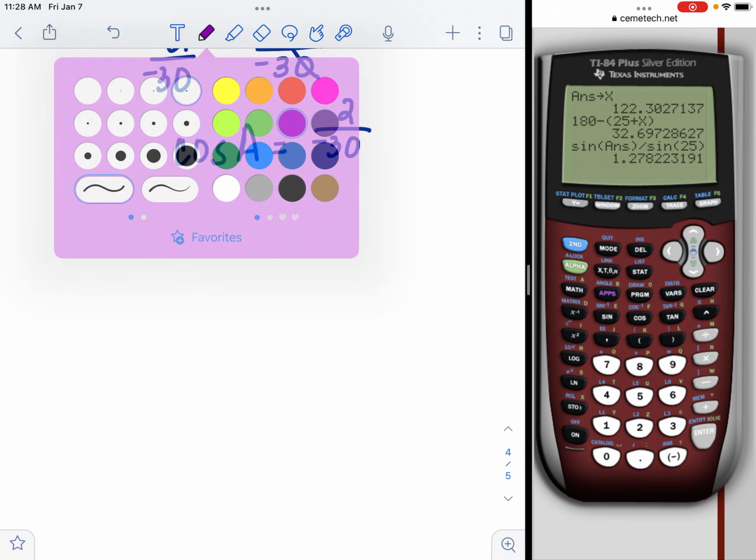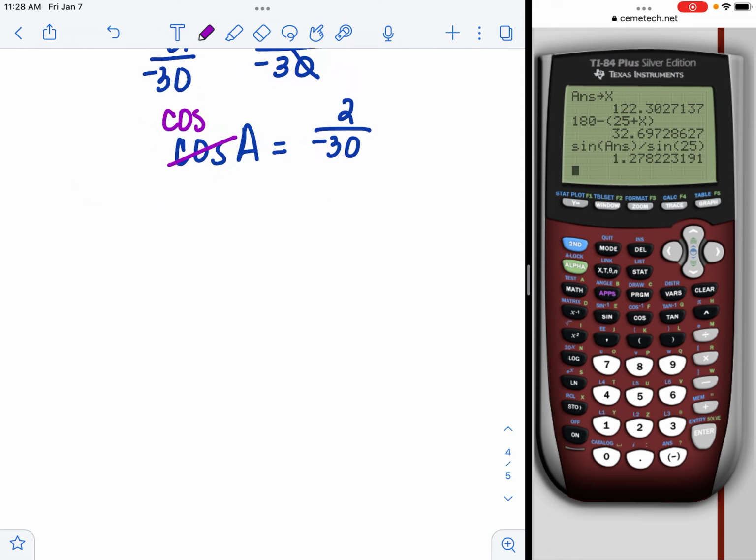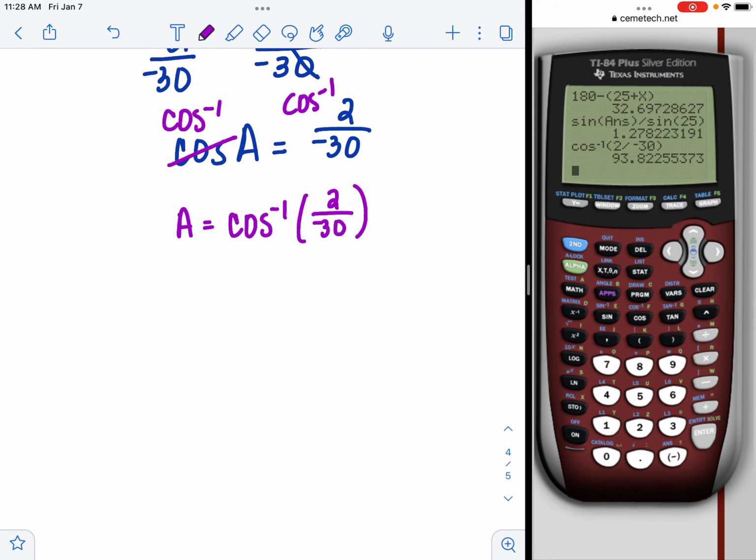All right, so I need to solve for A, so I need to get rid of the cosine. To get rid of cosine, I use cosine inverse. So I have A is equal to cosine inverse of 2 over negative 30. So I have cosine inverse of 2 divided by negative 30.